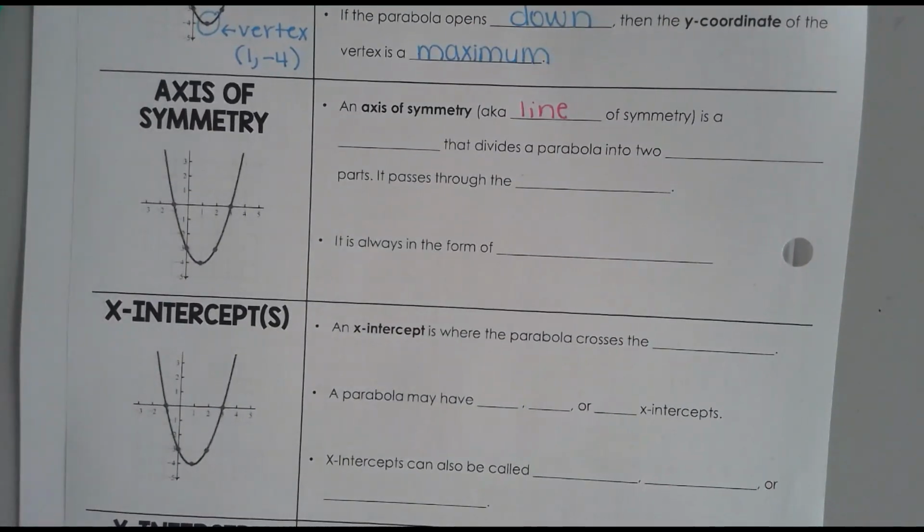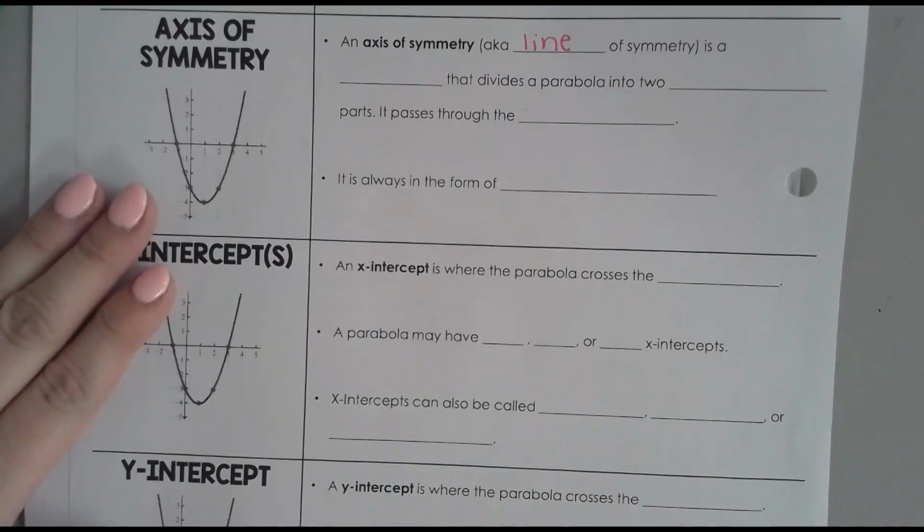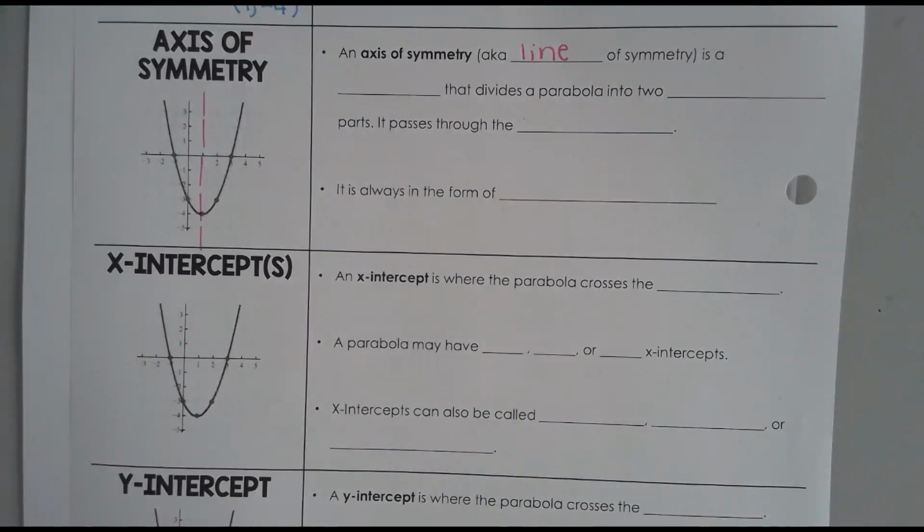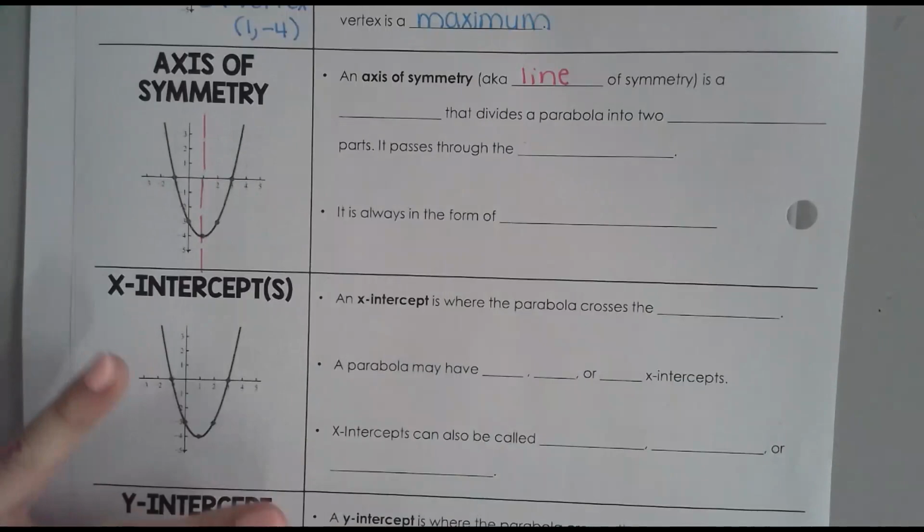And I say, okay, I want you to fold the parabola and draw a line where you would make that fold. It's not necessarily the y-axis. It's where it's right down the middle. It's a vertical line, and that's what we call the axis of symmetry.